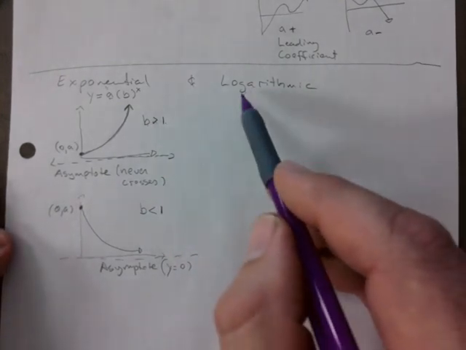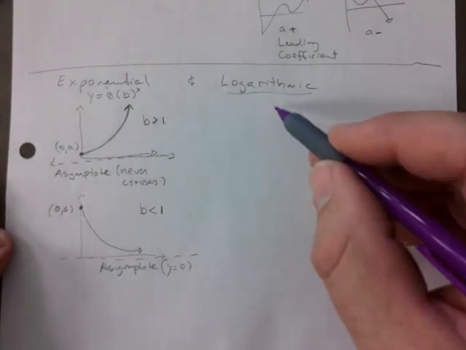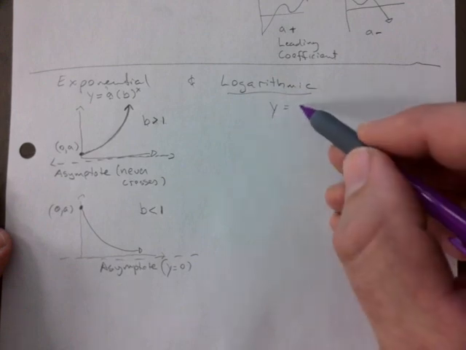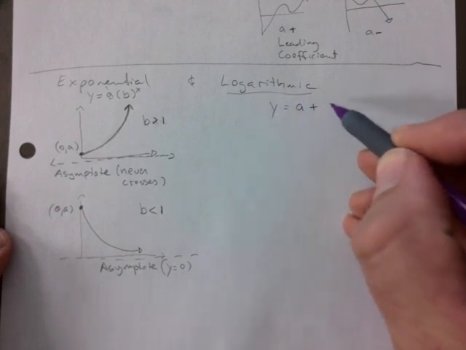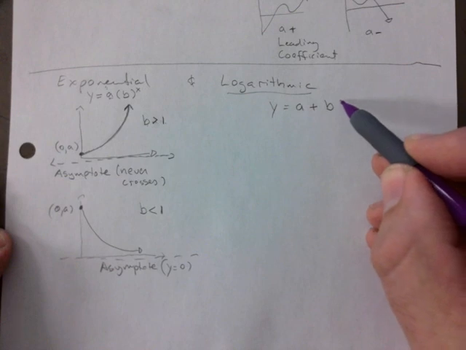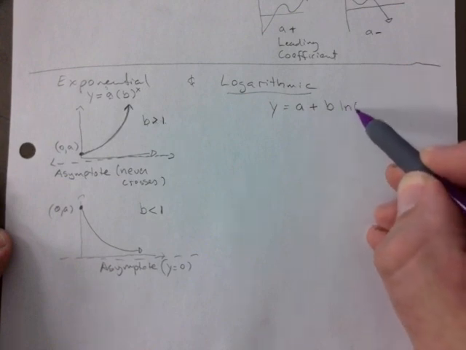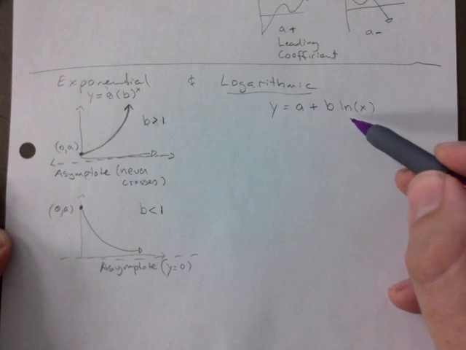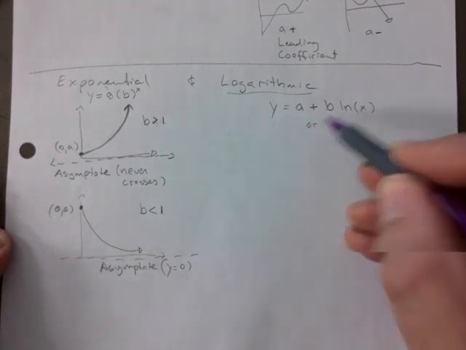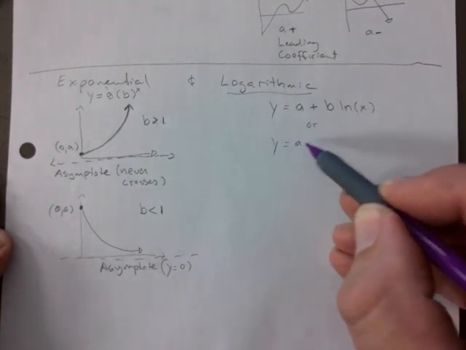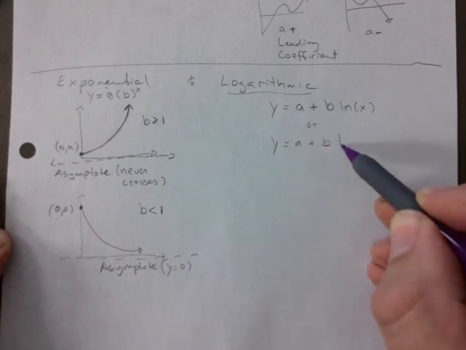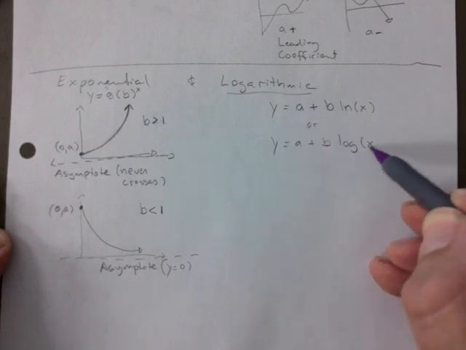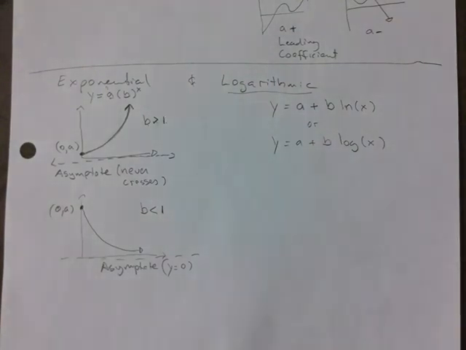Okay. Logarithmic. How does a log look like? It looks like this. a plus b ln x. It could also be log. I will do that because you might be like, where is that coming from? Sometimes the question could have log x there, so it shouldn't surprise you.